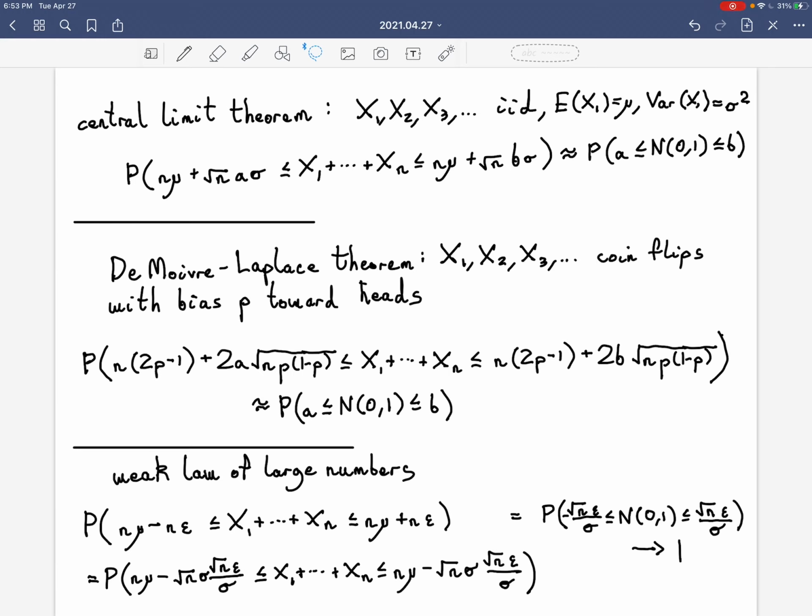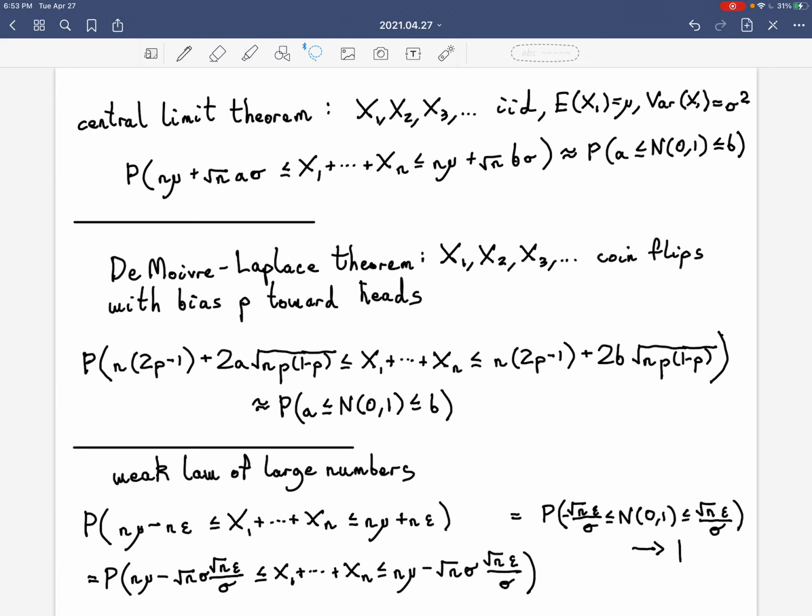And once we did that, we were able to approximate these error probabilities by the standard normal. And so what we can see with the relationship between the de Moivre-Laplace theorem and the central limit theorem is that you just have a special case where these are binary random variables.